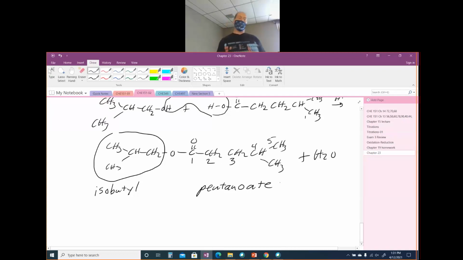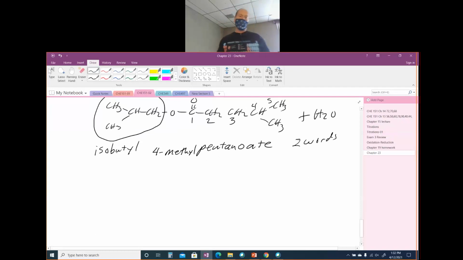When you get rid of your ic acid and you add ate, all right, but off of carbon 4, you have a methyl, and so you have then a 4-methyl pentanoate. So you have isobutyl, separate word, 4-methyl pentanoate. So this one is 2 words. All right, so that one is the hardest one to name.